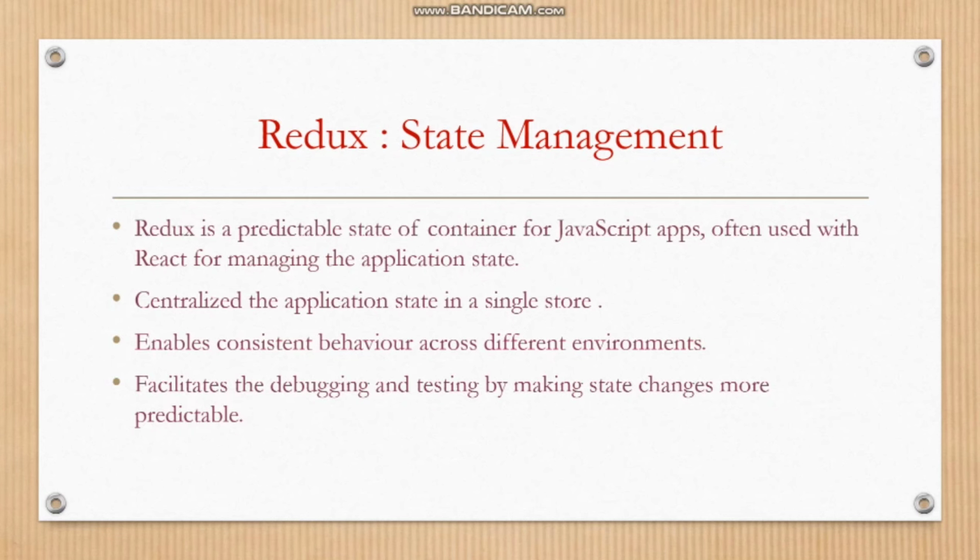It centralizes the application state in a single store. It enables consistent behavior across different environments, and it also facilitates debugging and testing by making state changes more predictable. So that was all about Redux.